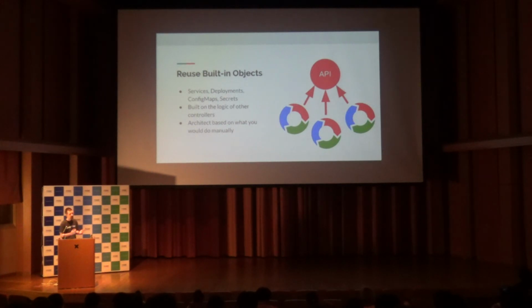Sometimes that might be a database or a memcache or something like that, and you don't want to have to implement everything yourself. So you want to reuse some of the built-in objects to get the functionality out of those objects. And a lot of times you want to check for changes in those objects to reconcile that with what you actually expect to be there. So you want to have some way of watching those and having controllers that act on those as well.